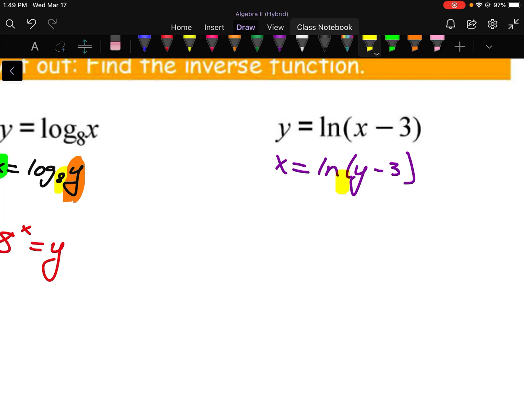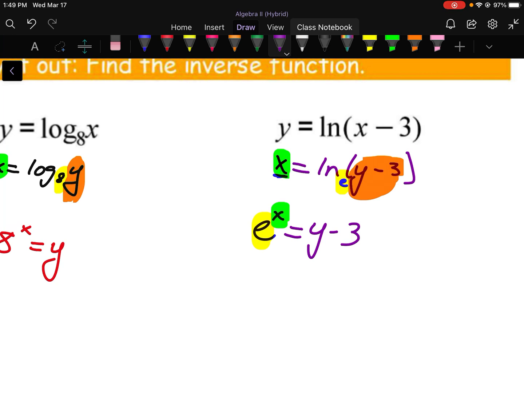If it's not written and it is a natural log, which we have, that means our base there is e. So we have e to the x power equals the number or variable following your log, which is y minus 3.